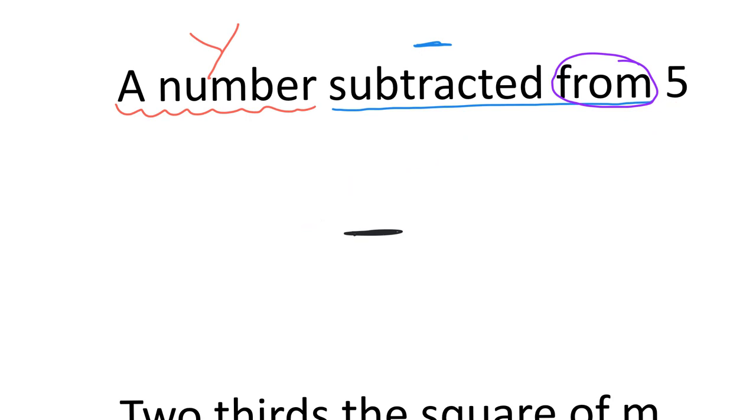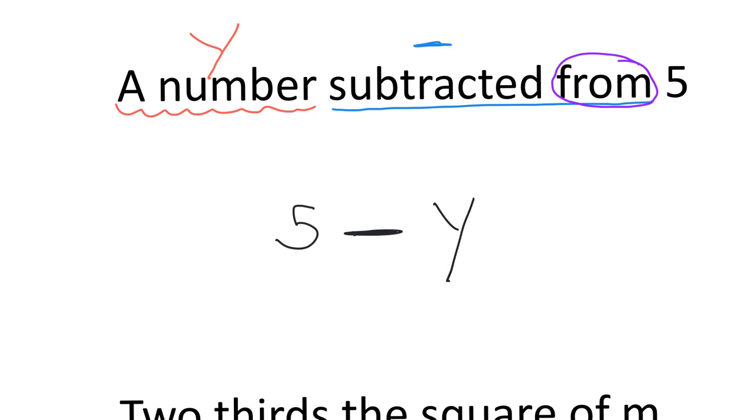Even though it's at the end, most people put that 5 at the end, after the minus, and that's where the word from comes in. You have to switch the order. So this 5 has to go first. So I'm going to put the 5 here, and you are going to put a number, which is the y that I chose, the variable, after the minus. So I'm going to put the y after the sign of the minus. You subtract it. So it's very important that you guys understand.